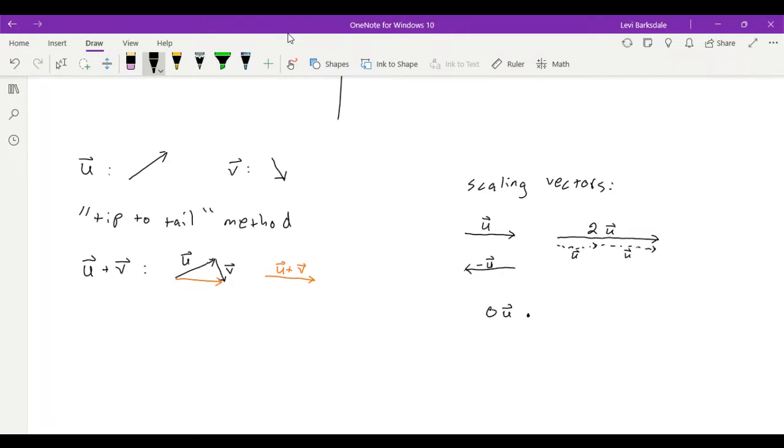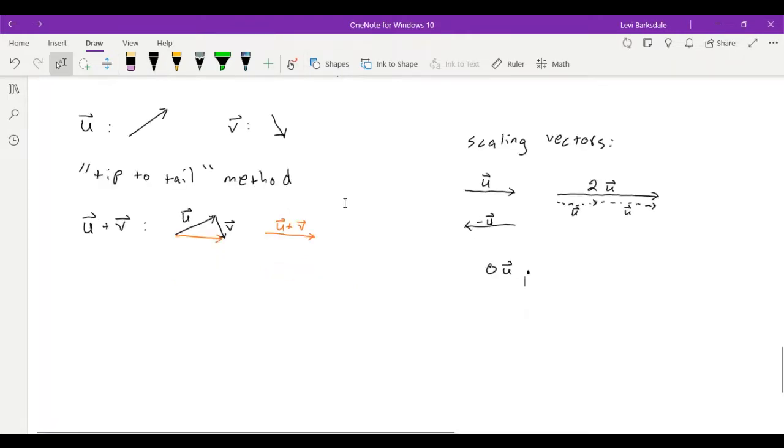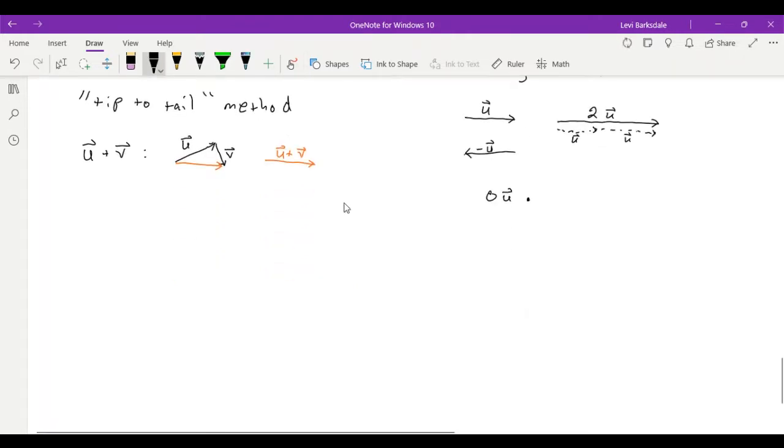Now, an important thing to remember is that u plus v is actually the same as v plus u. This is called commutativity. So we can actually see if we take vector v first and then add vector u, it is the exact same vector overall.